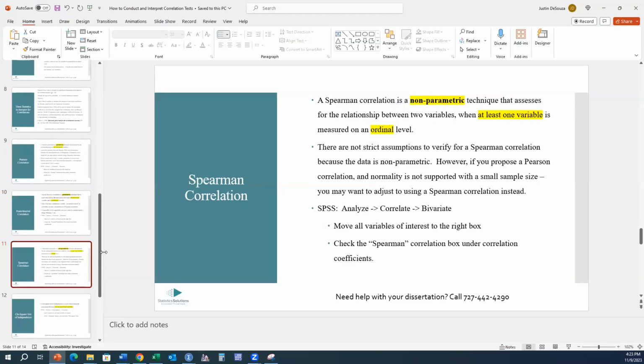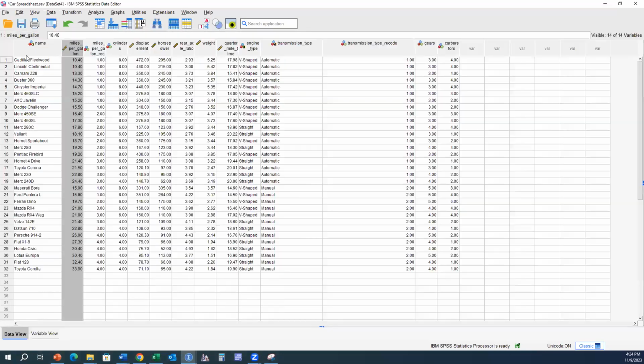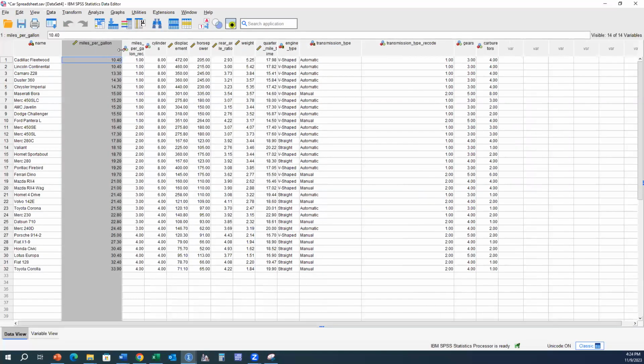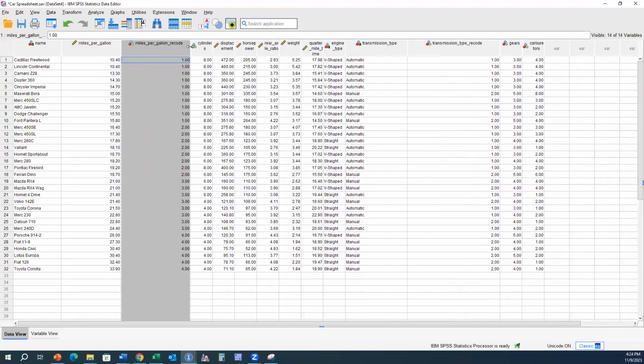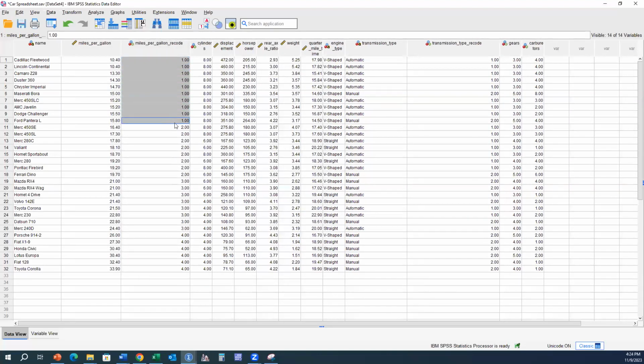Then for a Spearman correlation, this is a non-parametric test. We don't necessarily have to have a normal distribution to run this. And we need to have at least one ordinal variable. What I've done in the spreadsheet here is I have mileage. This is the original mileage right here. And then I've converted it to different thresholds.